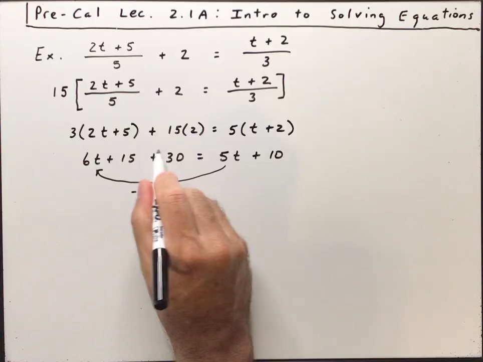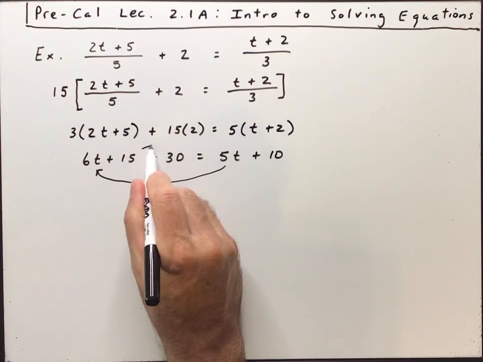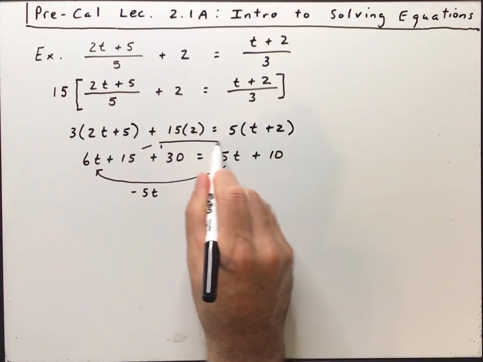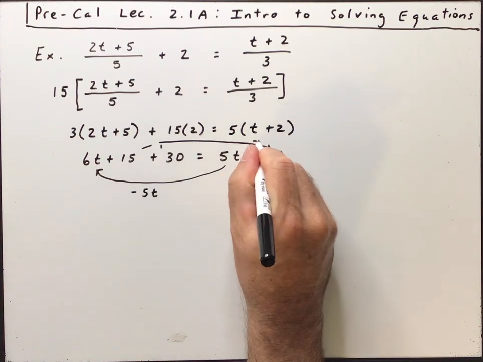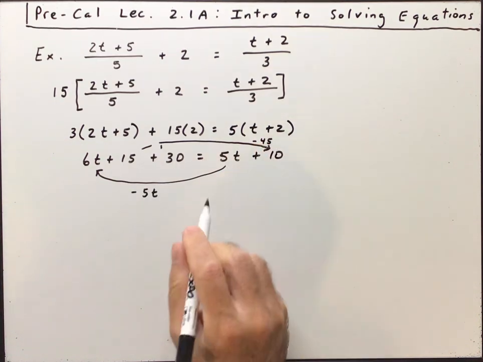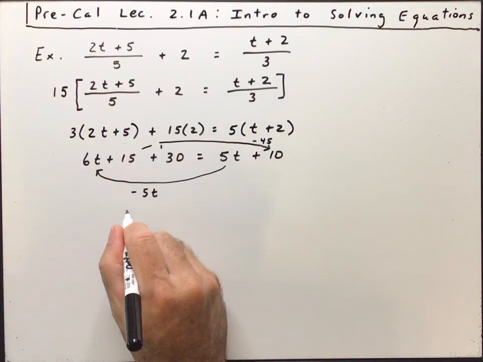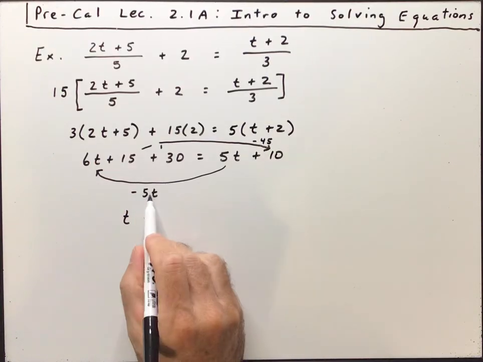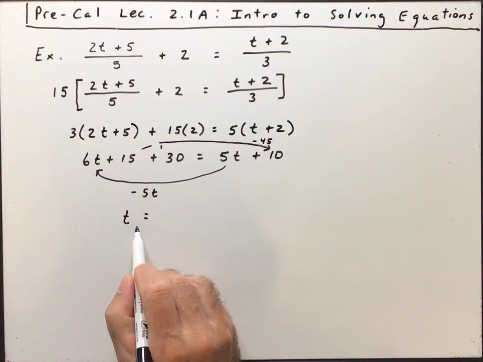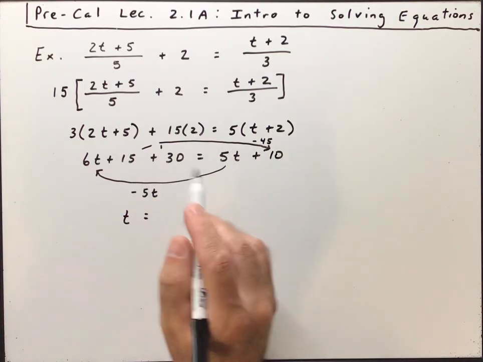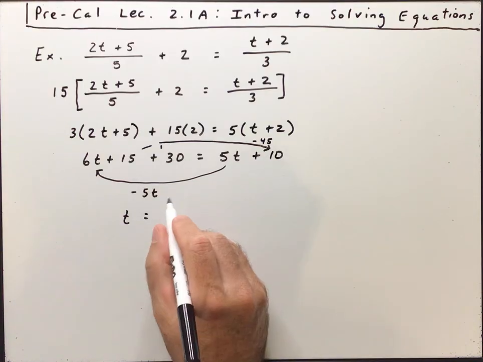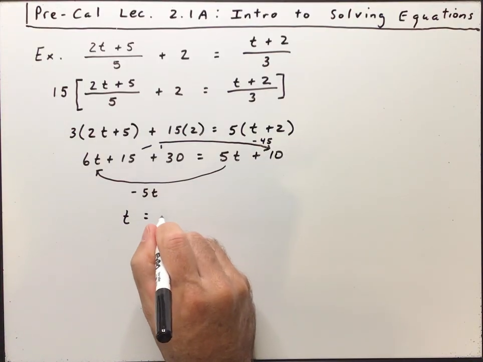And then I'm going to take the 15 and the 30, so that's 45, and move it over here to the right. So we're going to minus 45 that. Okay, so we'll have t, because 6t minus 5t is just t. And then 10 minus 45 is negative 35.